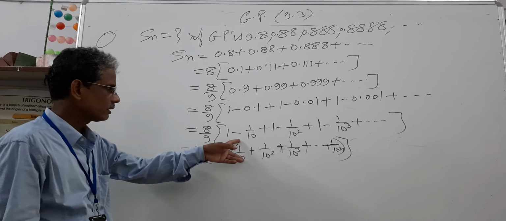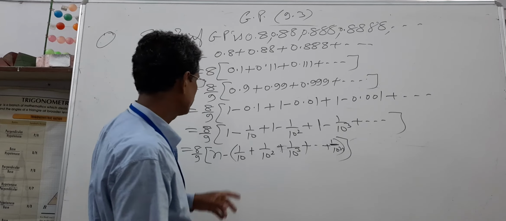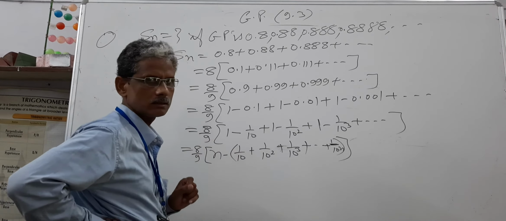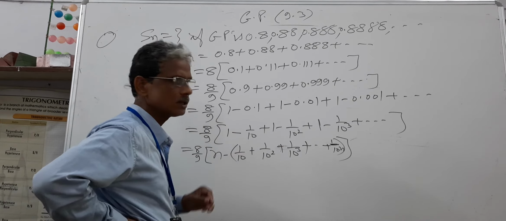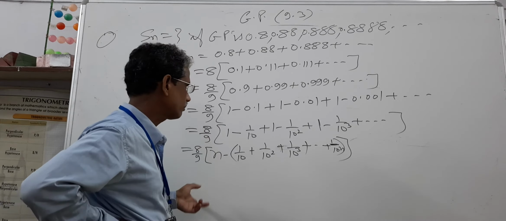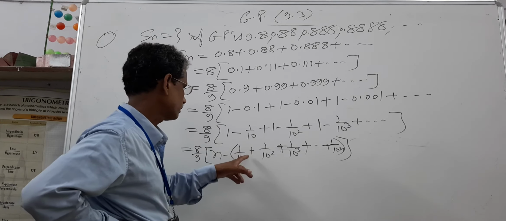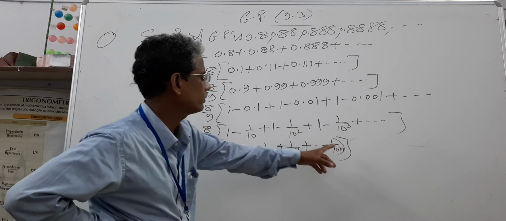Now this is again a GP with first term 1 by 10 and common ratio also equal to 1 by 10. Number of terms is n, 10 power 1 to 10 power n.